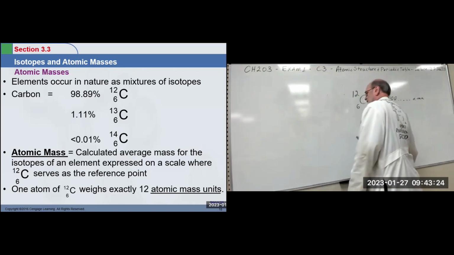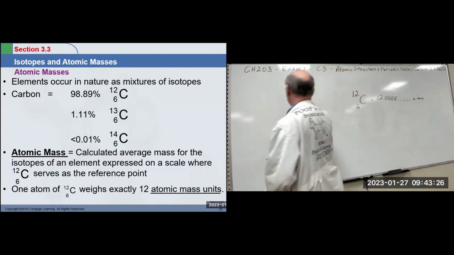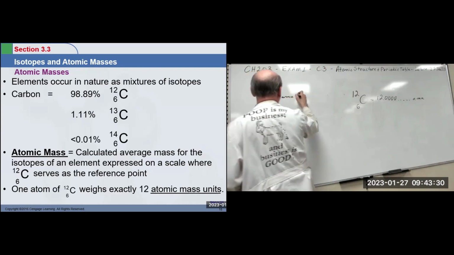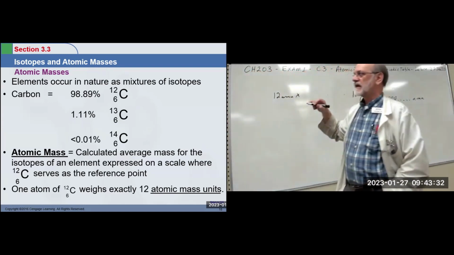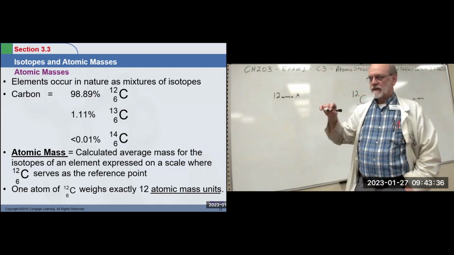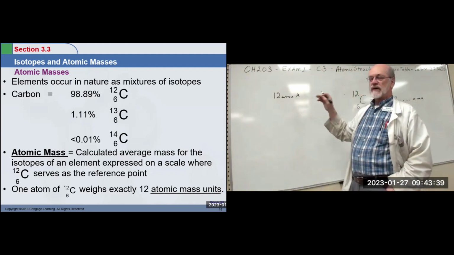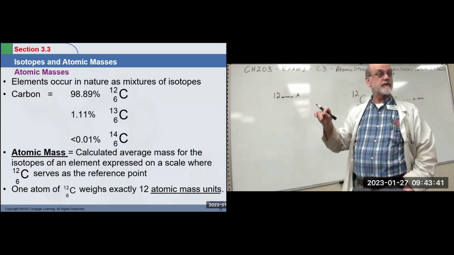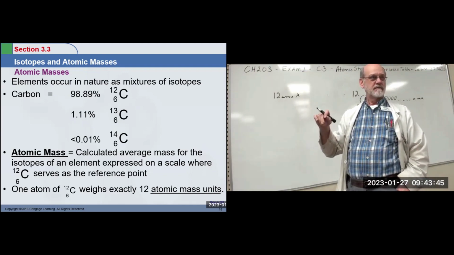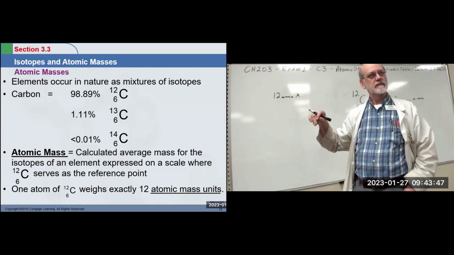Well, if we say this isotope is 12 atomic mass units, then this time, what is its abundance? 98.89%. It's better to use the fractional equivalent. What's the fractional equivalent of a percent? Divide 100 into it. Right.